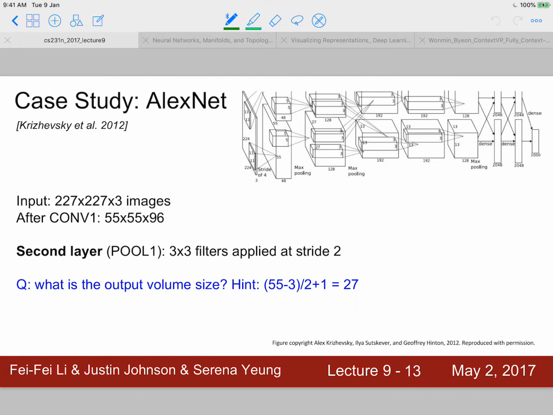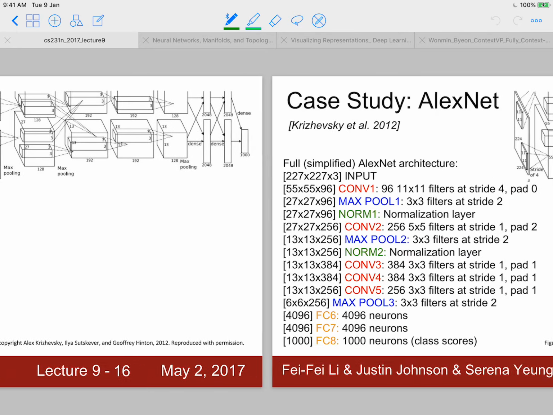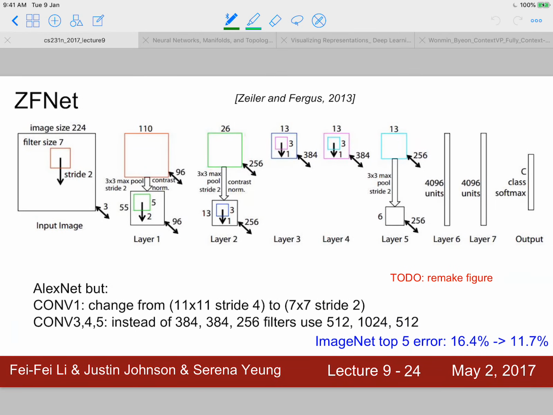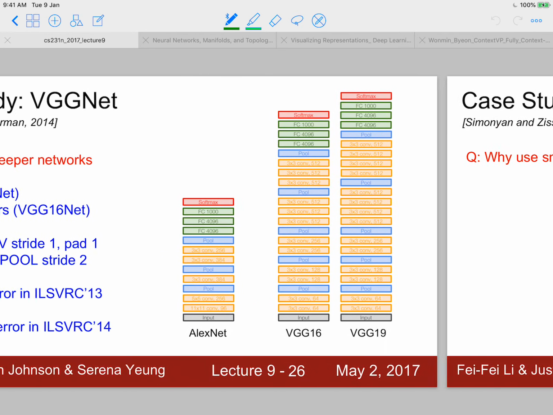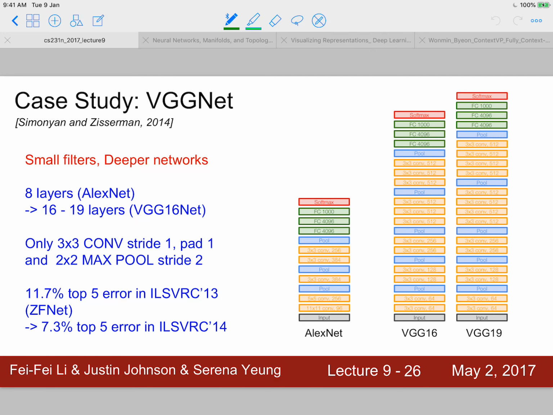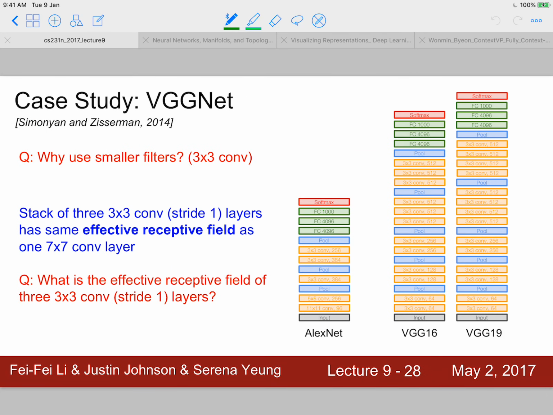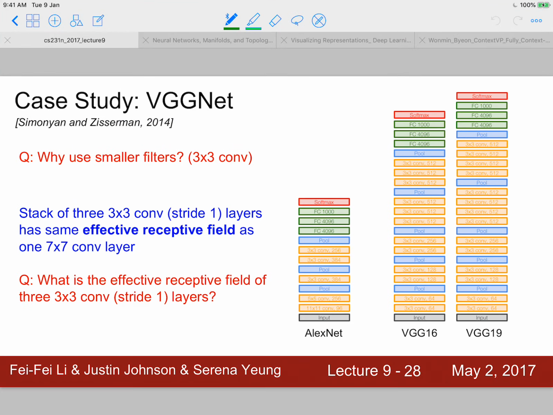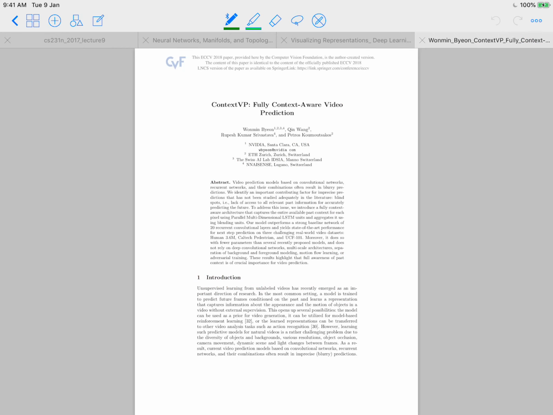And the first thing that we will study is the VGGNet. Some students also asked a question about it, so let me describe what the receptive field is.